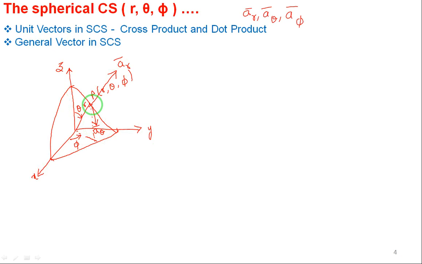Then A phi, once again it is tangential to the spherical surface, and you can observe it goes from the x-axis like this. So AR, A theta, A phi. I hope you can see AR, A theta, A phi, right? Is it fine?